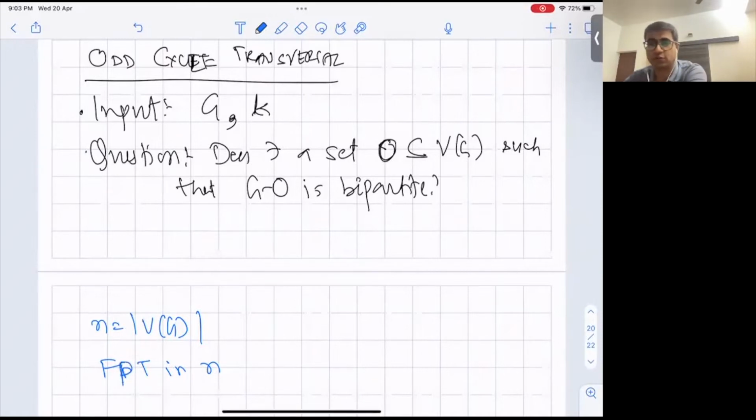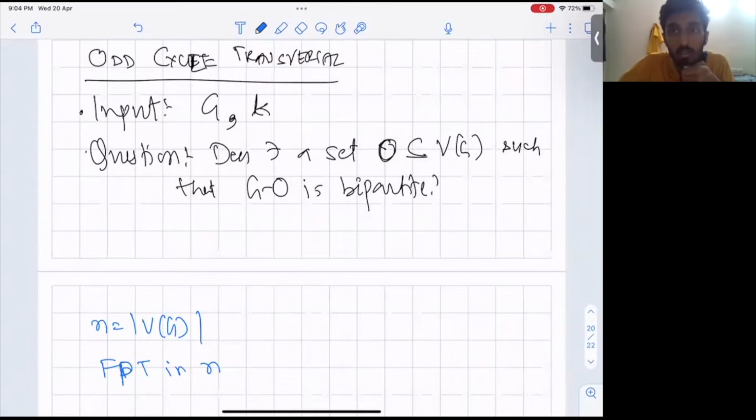Forget about k as a solution size. Could you design an algorithm which is fixed parameter tractable in the number of vertices? Try all subsets. Yes. Why all subsets?